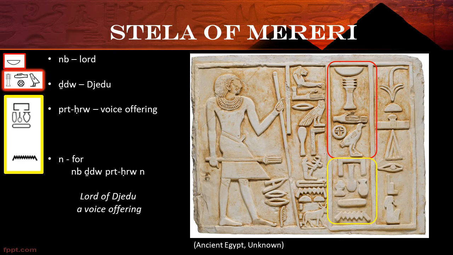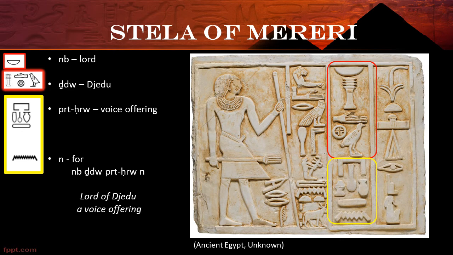Now, the last one is the circle with the plus sign. That is very similar to what we saw previously with Osiris, where we had a seated person. That circle is known as a determinative. Once again, a determinative tells me something about the previous symbols. The previous symbols were a word, jedu, and the circle with the plus sign tells me it's an actual location.